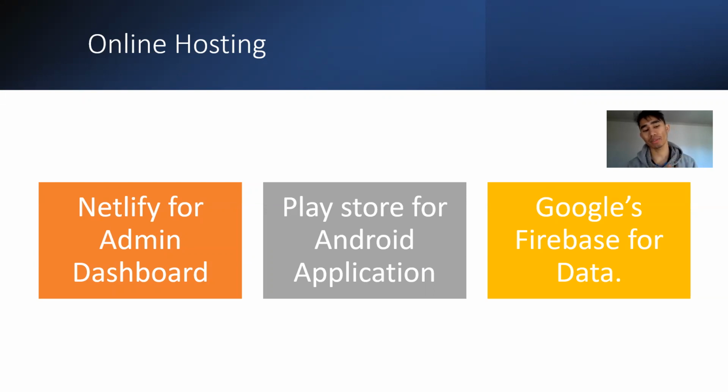The Android application is available on the Play Store, so users can search for Lamano Restaurant and download it. All our data is hosted securely in Google's Firebase cloud storage, so sensitive data like the user's Gmail ID and the ordering details are stored safely in Google Cloud.